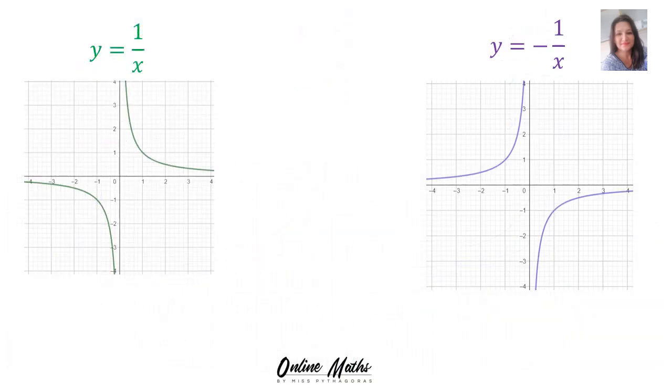Now I want to discuss the domain and the range. On the left, you find the graph of y is equal to 1 over x, and on the right hand side, there's y is minus 1 over x in its appropriate quadrants. First, let's look at the domain. Remember, domain you find on the x-axis, and on the left hand side, all the x values form part of the domain, as well as on the other graph.